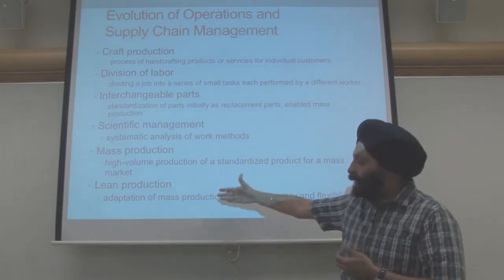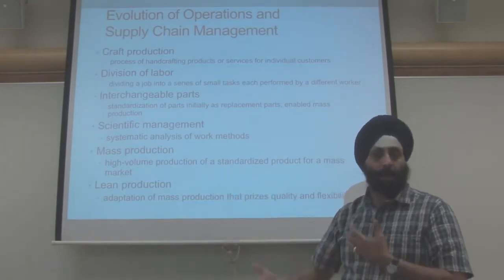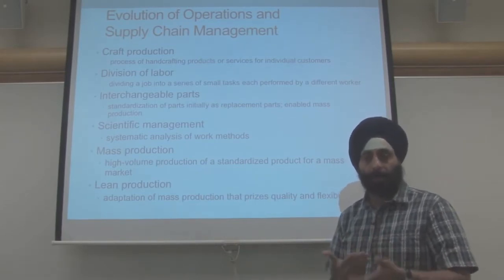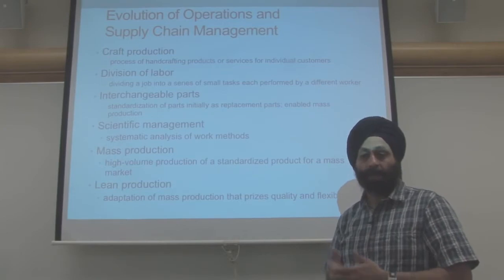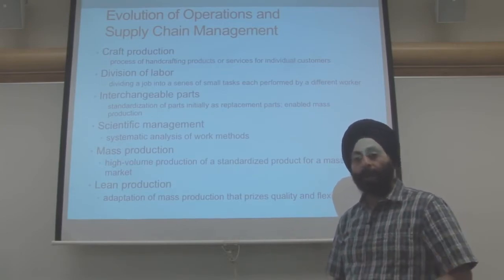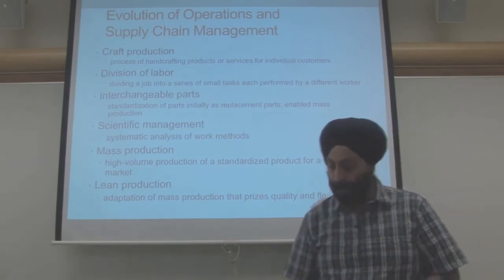And one can even take this further into green production, which is the current focus in the last year or two on sustainability, which is how to produce products without compromising the environment or social responsibility.